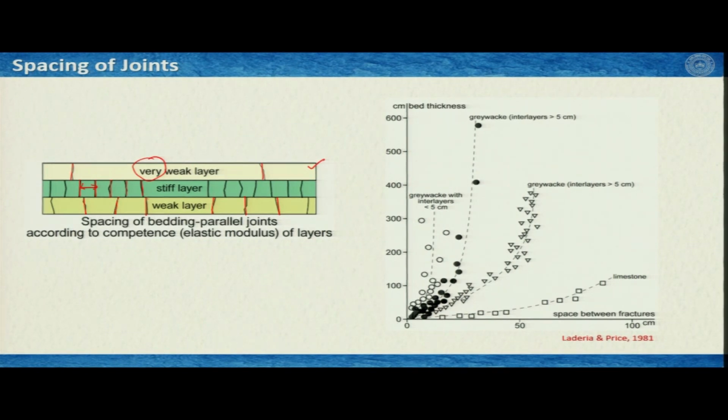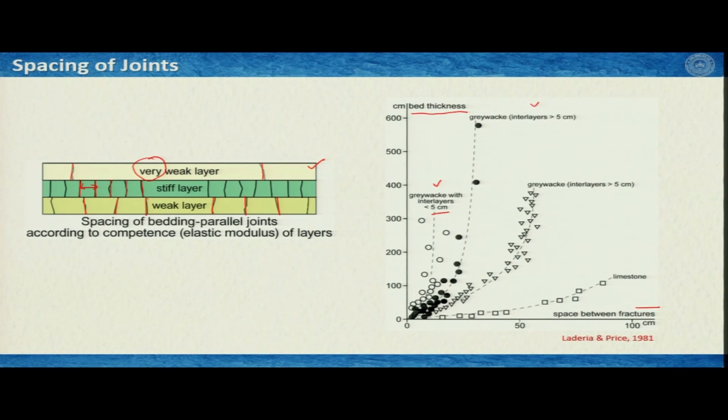This is another example that is showing the plot of bed thickness versus space between the fractures. So, that means how lithology is controlling the spacing of the joints. This one is for greywacke which has interlayers greater than 5 centimeters, and this is greywacke with interlayers less than 5 centimeters.